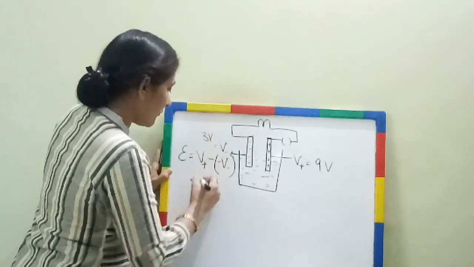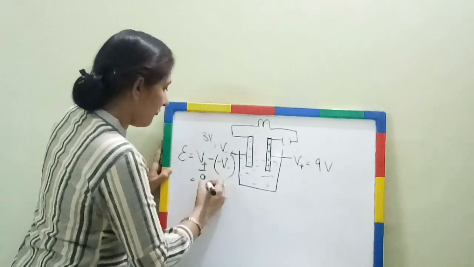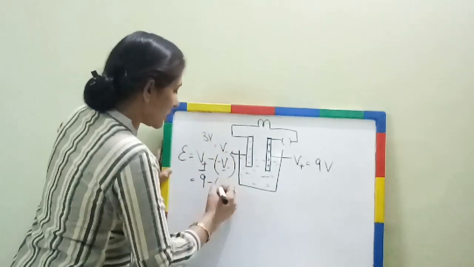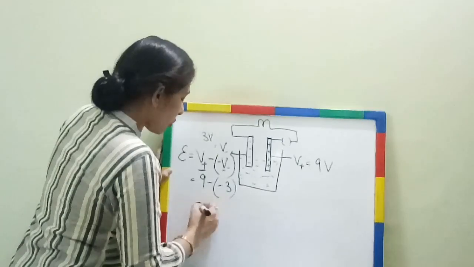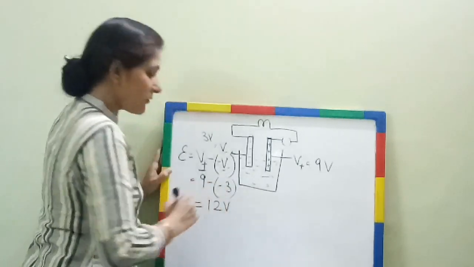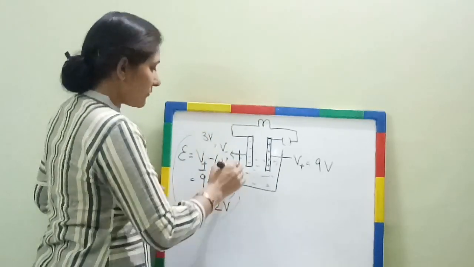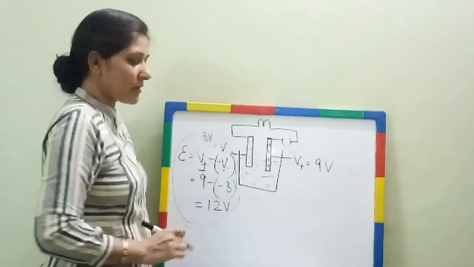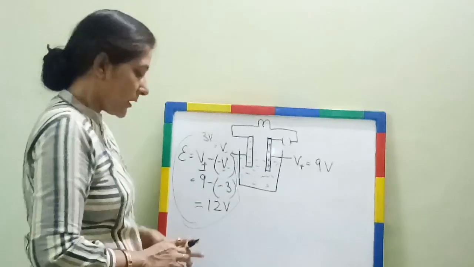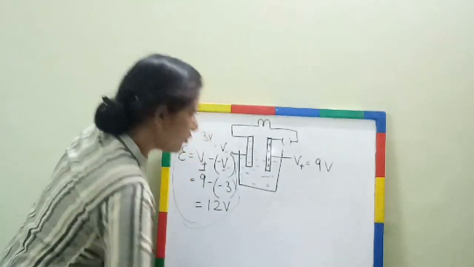Okay, so how can we write? This is 9 for V positive minus this V negative, this will be minus 3. So total EMF of the cell is given by 12 volt. This calculation will not be the part of your syllabus. ये बस एक general discussion के लिए मैंने आप लोगों को बताया है. Okay, so I believe you are able to do with EMF.